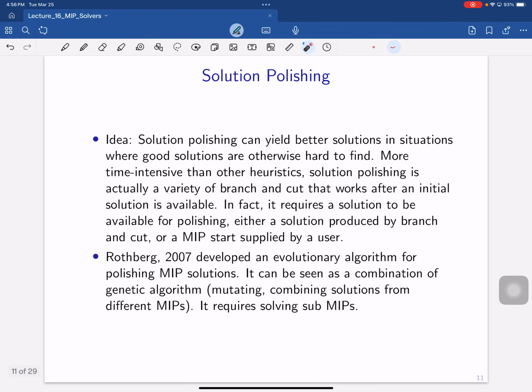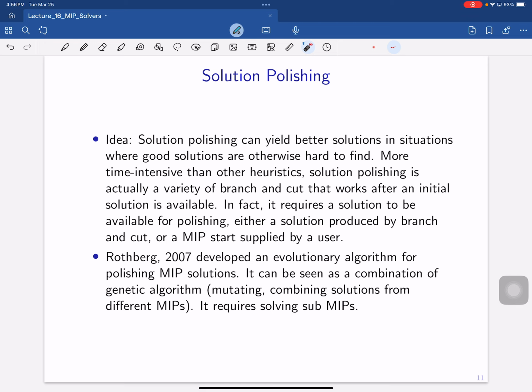And then there is another idea called solution polishing. The idea is, let's say you have some good feasible solutions, or hopefully a set of good feasible solutions. You could polish those solutions by using heuristics like a genetic algorithm. That was what was reported in this paper by Rothberg. You may recognize the name.